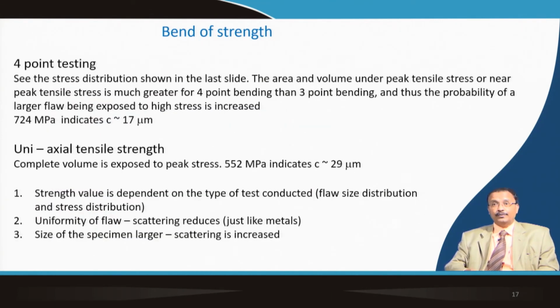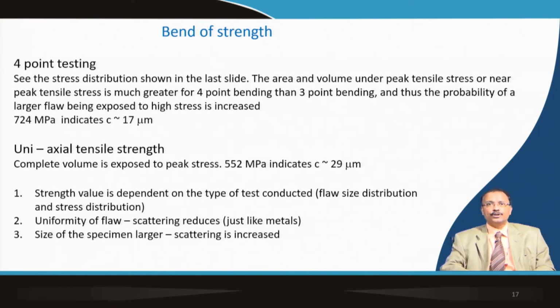In case of the 4-point bending test, as I told, you will have to look at the stress distribution. The area and the volume under the peak tensile stress or near peak tensile stress is much larger for 4-point bending as compared to the 3-point bending test. Thus, the probability of a larger flaw being exposed to high stress is increased, and therefore, the actual stress value is less.